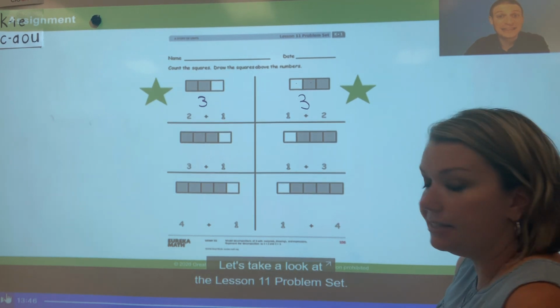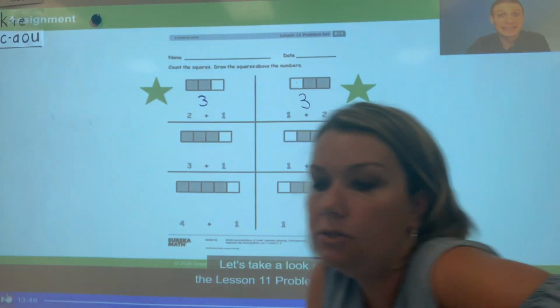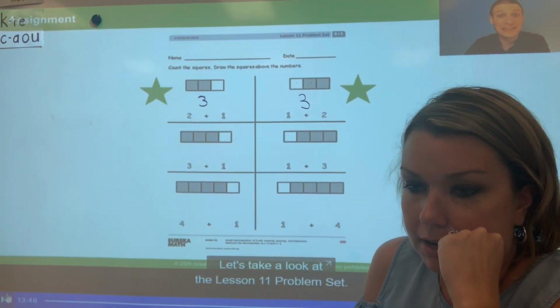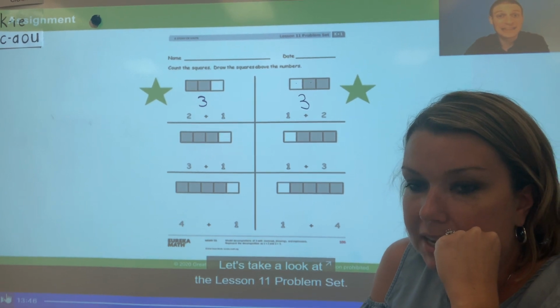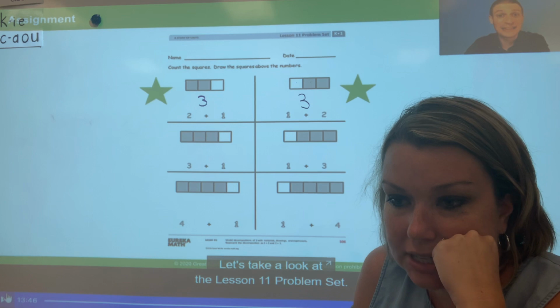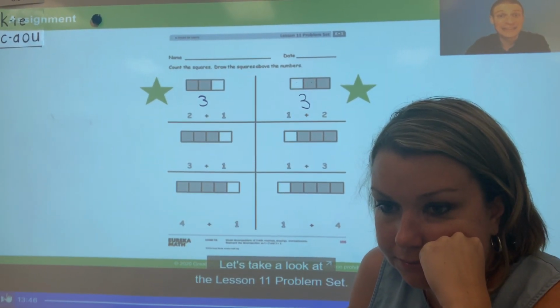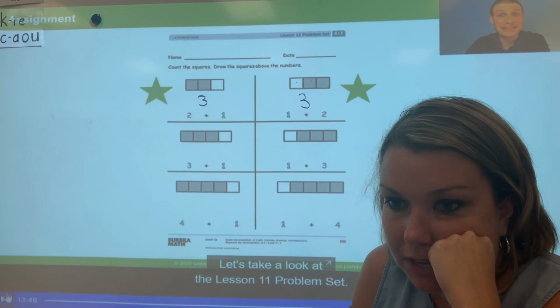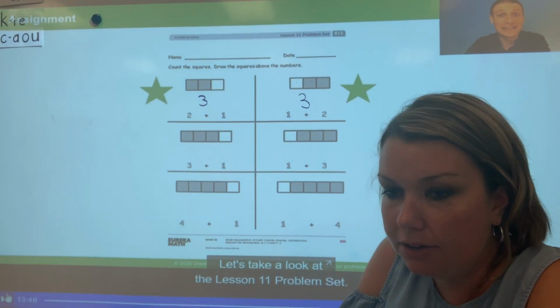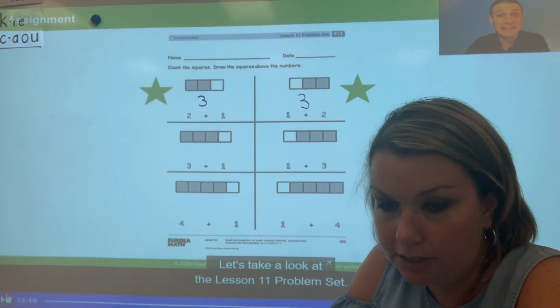The rest you can do on your own and submit it to us in the assignment box. You can take a picture. You can do that right now on your own, and I can stay here if you have any questions.